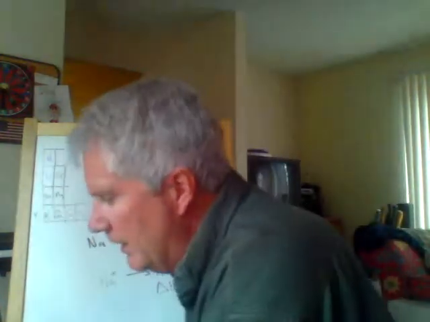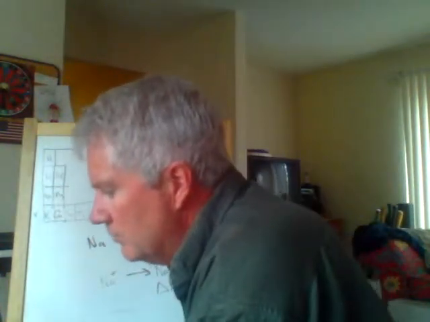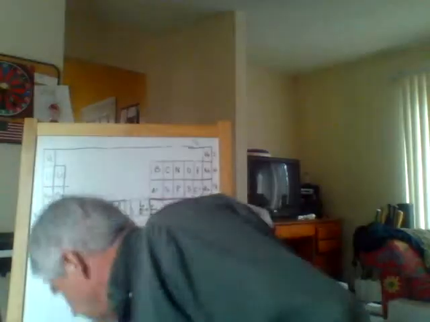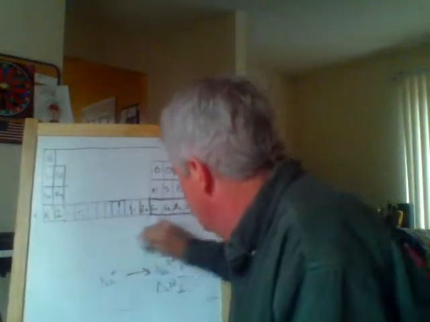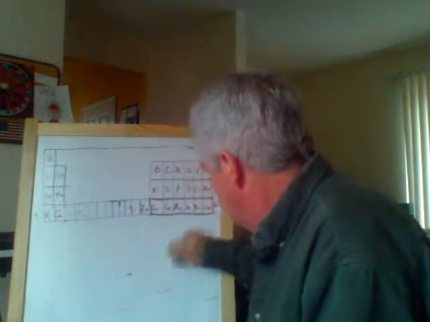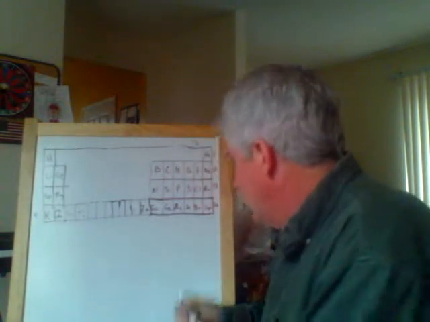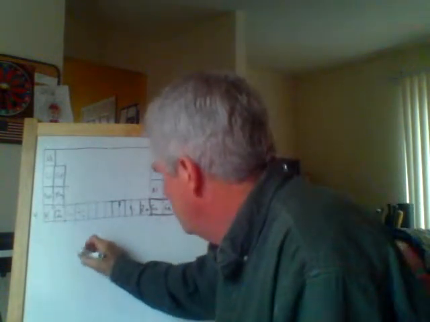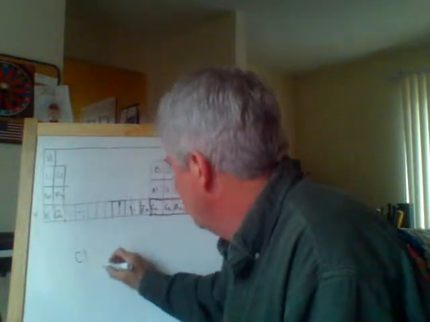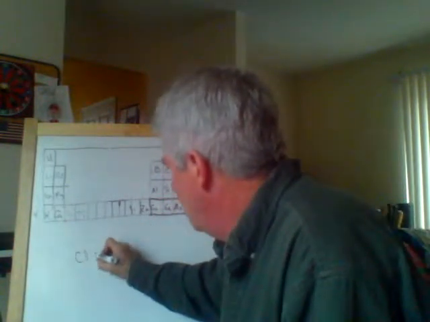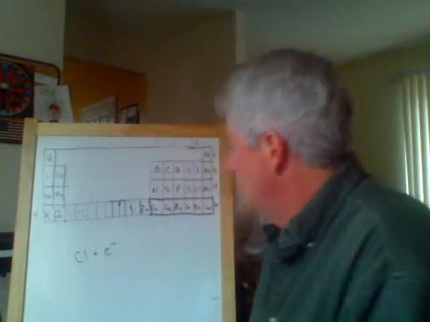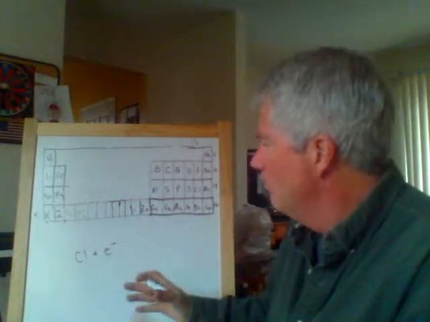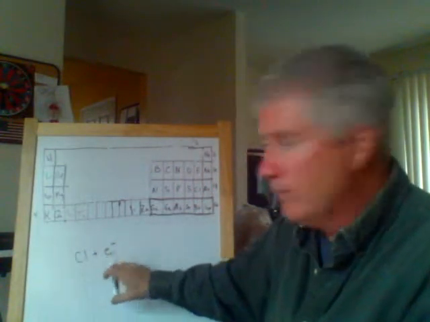Now, the last trend I wanted to cover was electron affinity. Electron affinity is what happens when you take something like chlorine and add an electron, so it's how much of an affinity chlorine has for an electron.